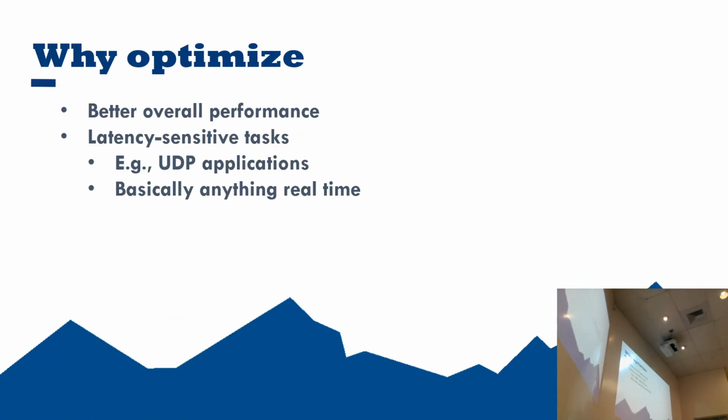So why do we want to optimize our network? Well, I think the main reason is obvious. If we optimize our network, performance is going to be better overall. It's not going to be better for everyone.